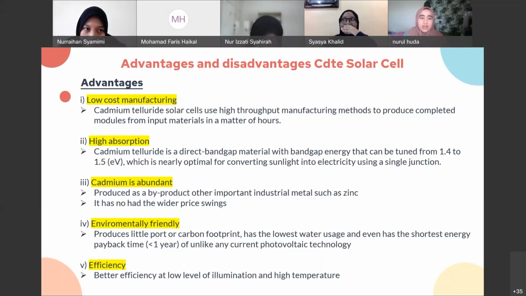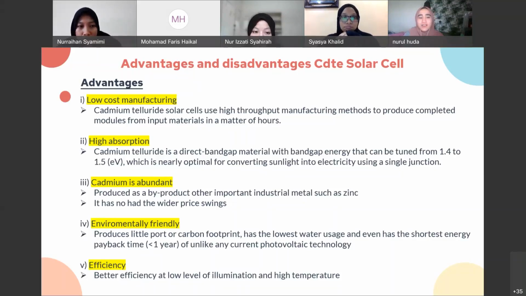Next, cadmium telluride is also abundant. It is produced as a byproduct of important industrial metals such as zinc, and it also has no wide price swings.